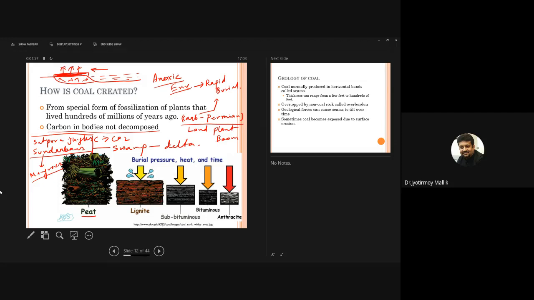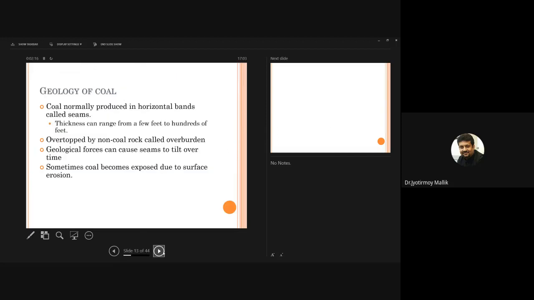Of course, there are coals from other periods as well. For example, you have Tertiary coals, as well as Jurassic coals, and so on and so forth. But the main time period where coal actually formed was Carboniferous and Permian. So let's continue with the discussion.